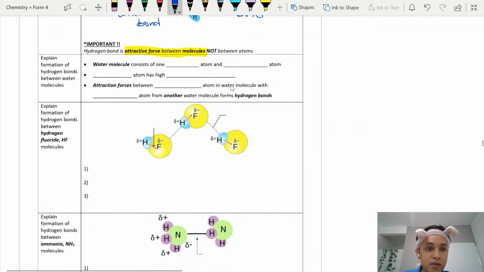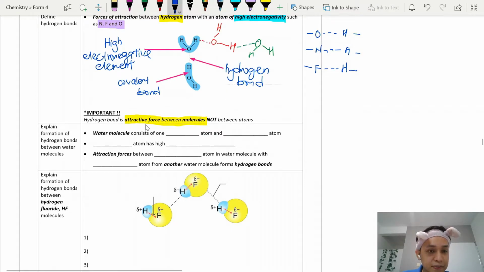We also need to explain the hydrogen bond. This is how we explain. First we say water molecule, because this one is between water molecules, consists of one oxygen atom and of course two hydrogen atoms.